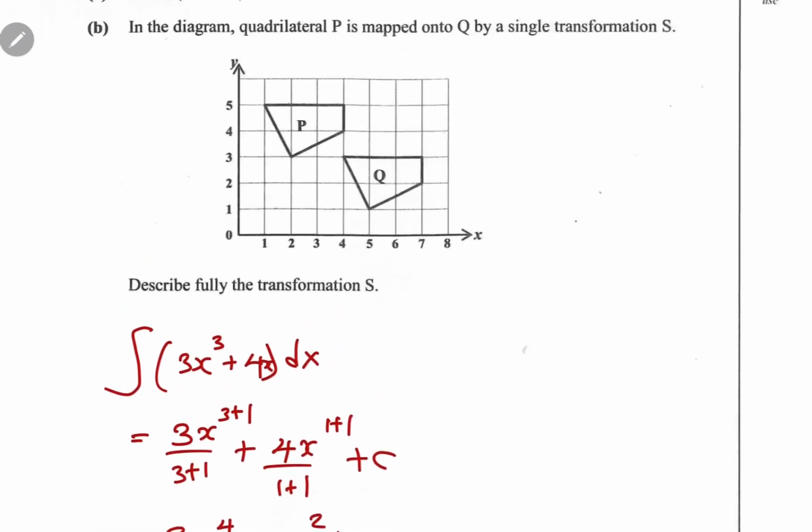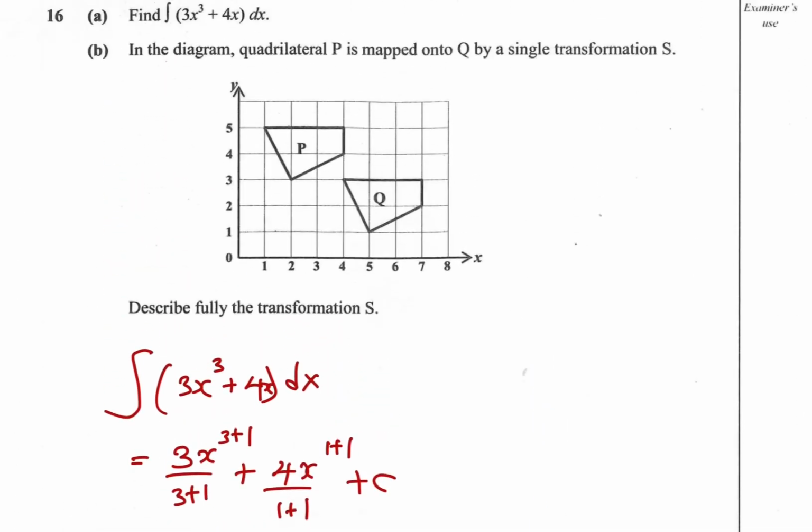All right, what about the second part? Describe fully the transformation S. So what is happening? The shapes are the same. Okay, the shapes are the same, and of course in the same orientation. So which means this is a translation. We just need to know what kind of translation this is.